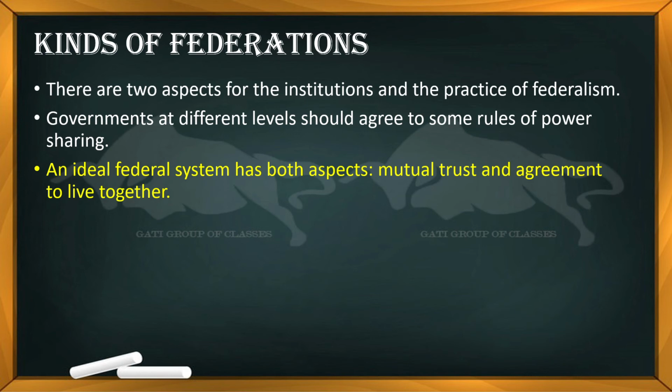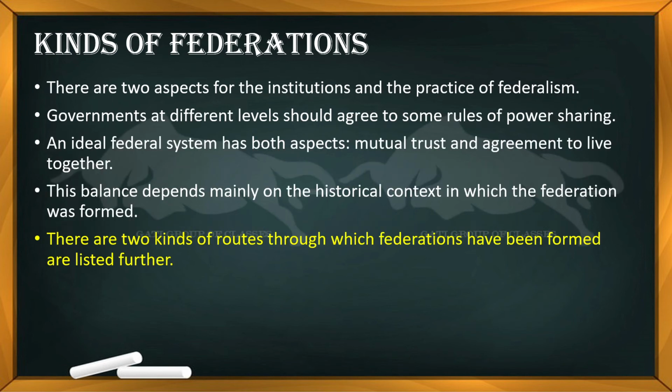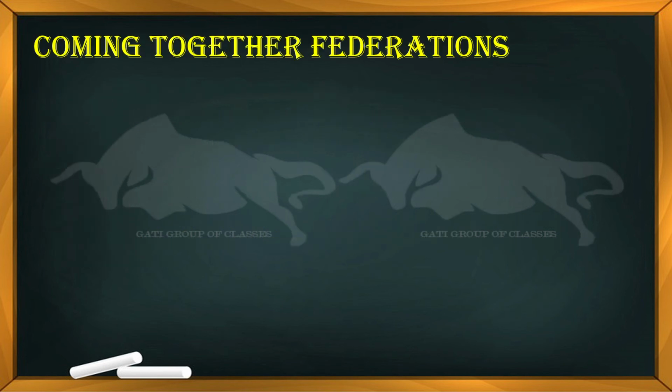At the central level there can be one party government, and in the state there can be another party government, so they should have mutual trust between each other, so that they can work for public welfare. This balance depends mainly on the historical context, how that federation was formed, how it came into existence.